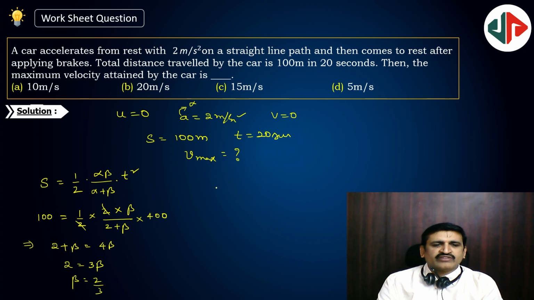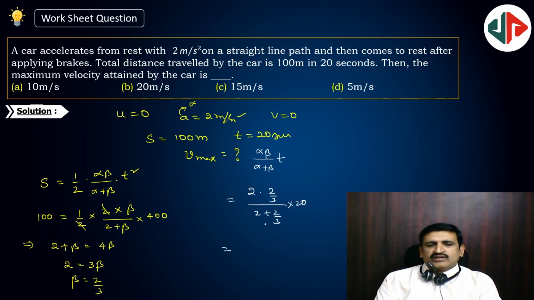Now you can go for Vmax. Vmax is equal to alpha beta by alpha plus beta into t. Alpha is 2, into beta, beta is 2 by 3, by 2 plus 2 by 3, into t value 20 seconds.